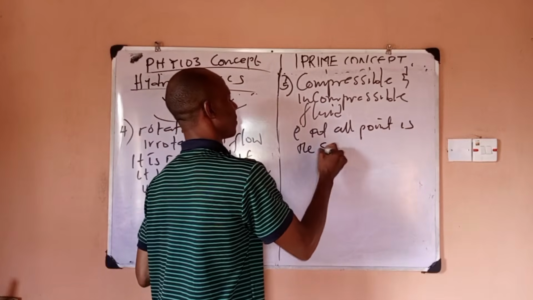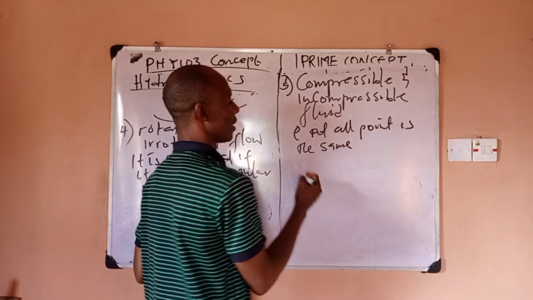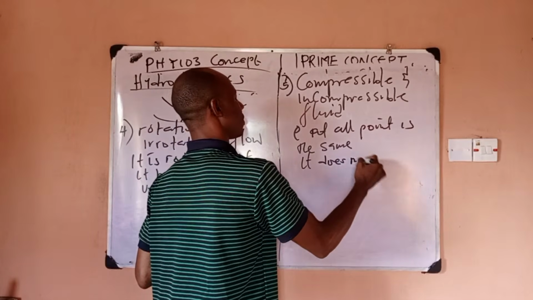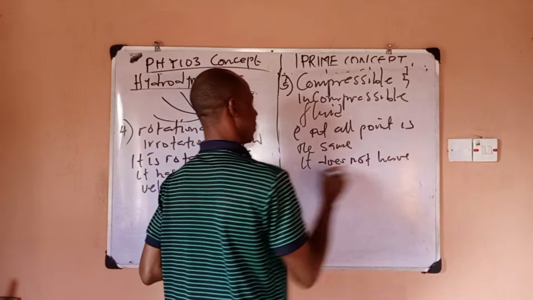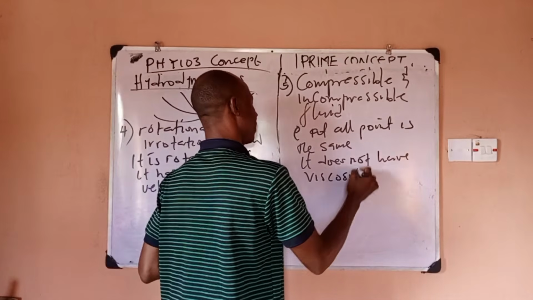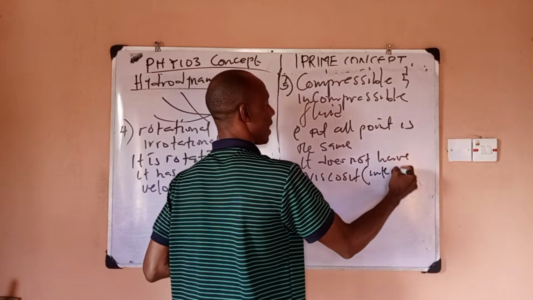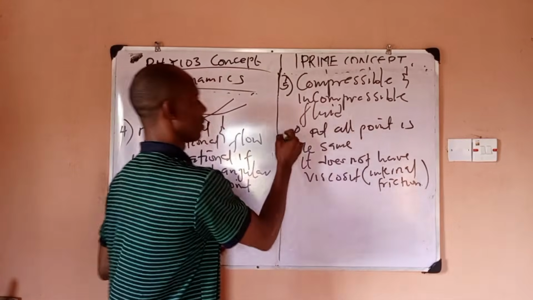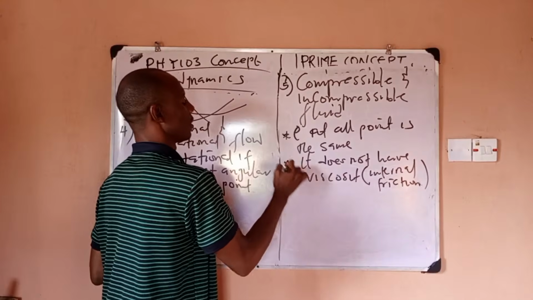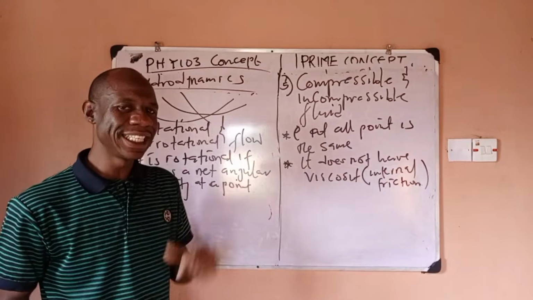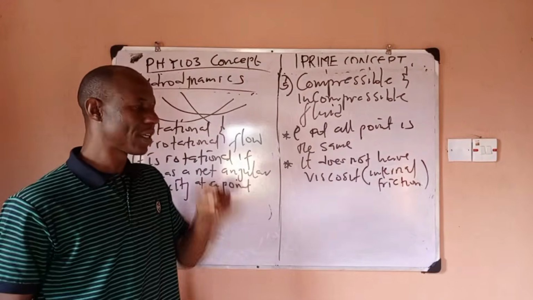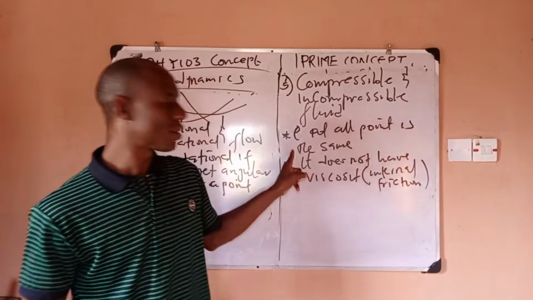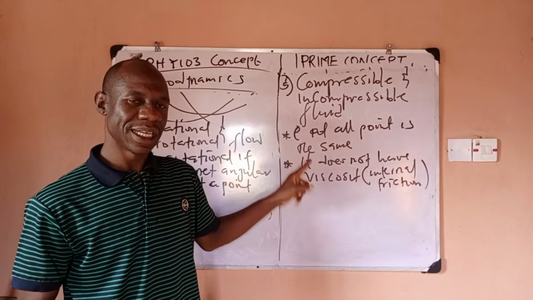The same or constant, and then it does not have viscosity, or you can say internal friction. So a fluid is said to be incompressible if the density at all points is what? The same. The density is the same.